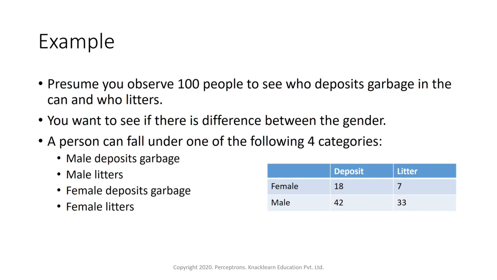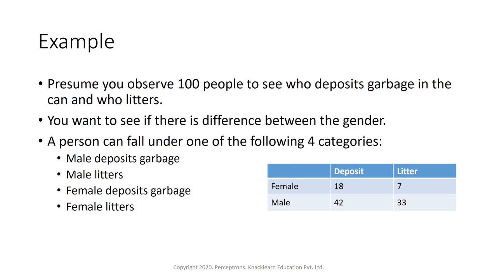Now, to understand this, take an example. Presume you observe 100 people to see who deposits garbage in the can and who litters. You want to see if there is a difference between genders. So we have to find out who is actually depositing the garbage in the can and who is littering, and compare if there is any difference with respect to gender.